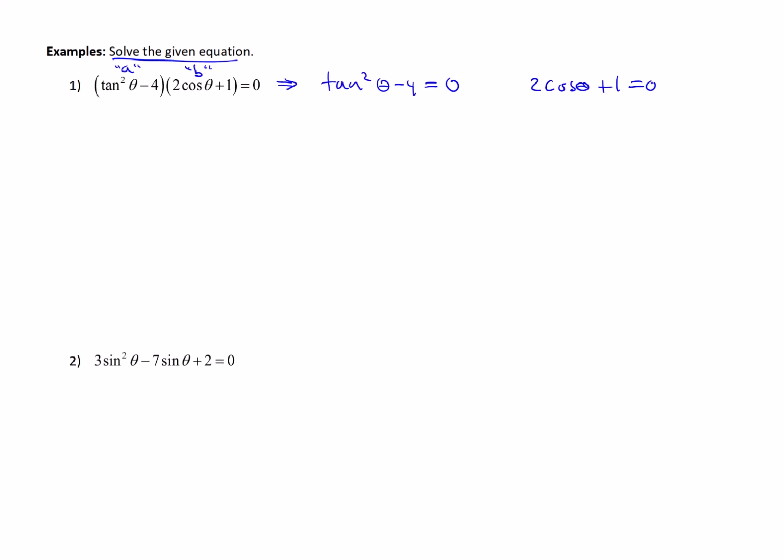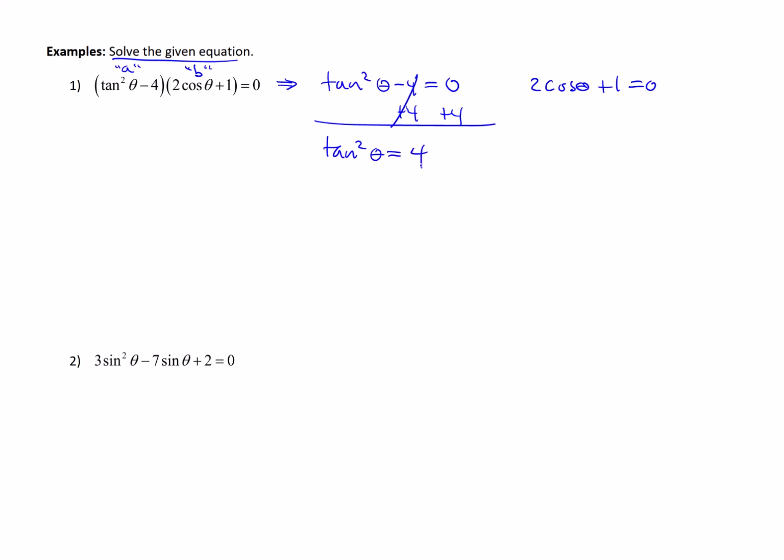Now, what we'll do is solve each of these, which is really like the basic trig equations we were just doing in the previous topic, right? So I first start by trying to get the trig function alone. For example, in the first equation, tangent squared theta minus 4 equals 0, we could just add 4 to both sides. The 4's would cancel, leaving us with tangent squared theta equals 4.